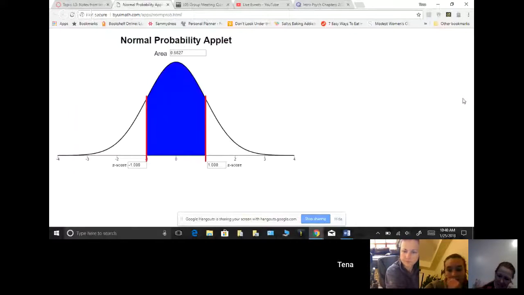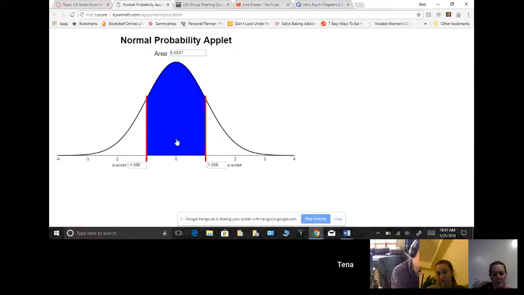So let me share this for you guys so that you can see what I meant. I'm cheating in a sense, but it's not a cheat because if you understand the rule, then it's not a cheat. So the question says, what percentage lies between -1 and 1? I bring my -1 here, and it automatically fills in my 1 over here on the z-score. Then I highlight what's between -1 and 1.